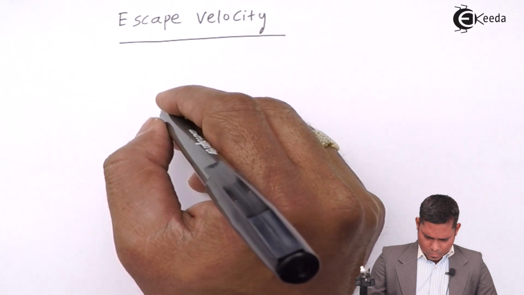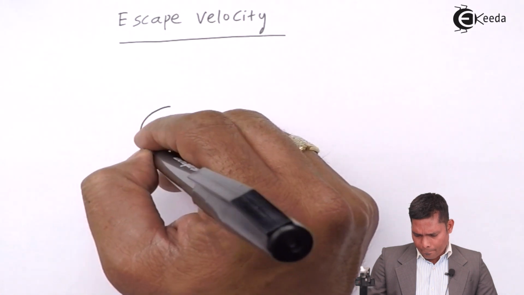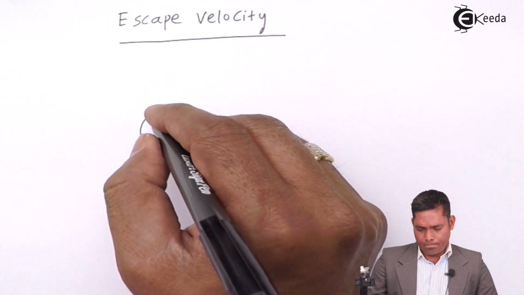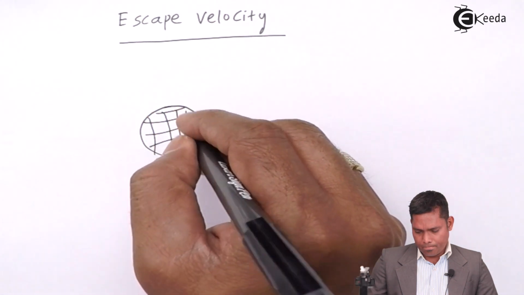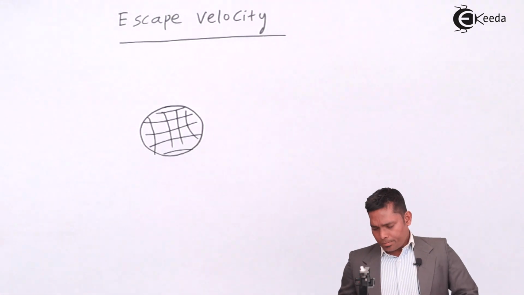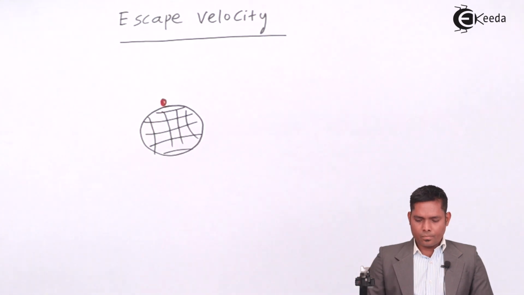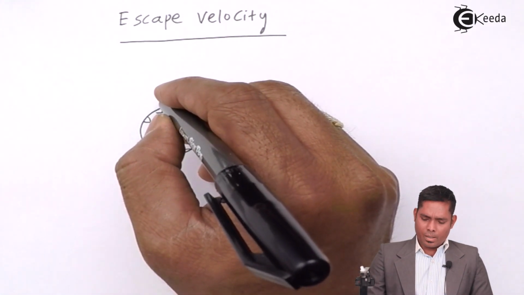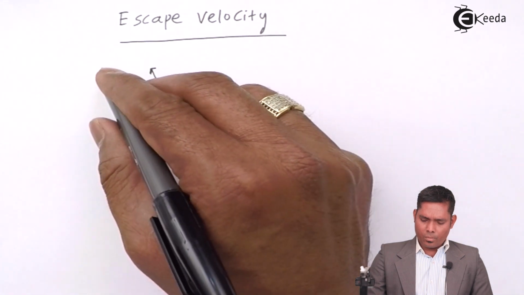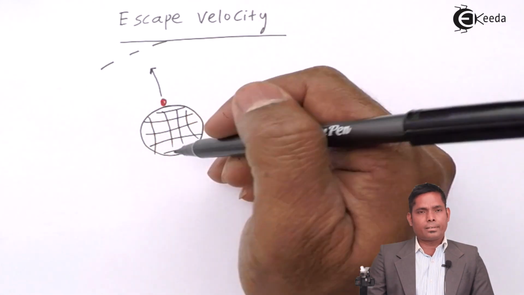Now, if I have a planet here, and the object is here, I want this object to escape from gravitational influence so that it never returns back.